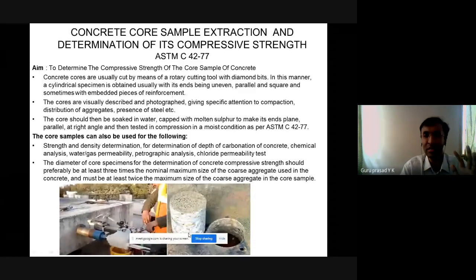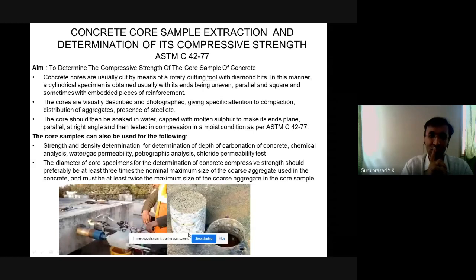This core test is done when we have doubtful concrete, which may come out from the ultrasonic test. From ultrasonic test results, when we find the velocity value is doubtful, in such cases we have to extract the concrete, and even when your rebound hammer value gives you values which you are not very confident about, you go for the core test.